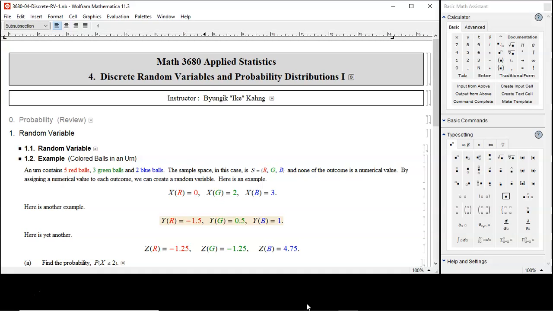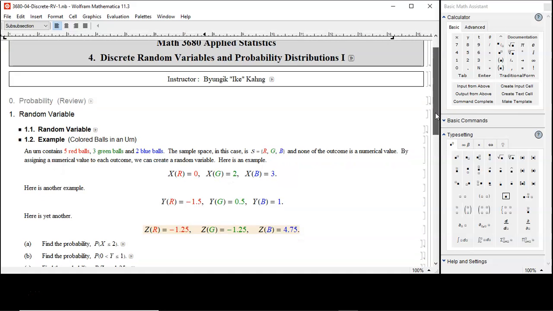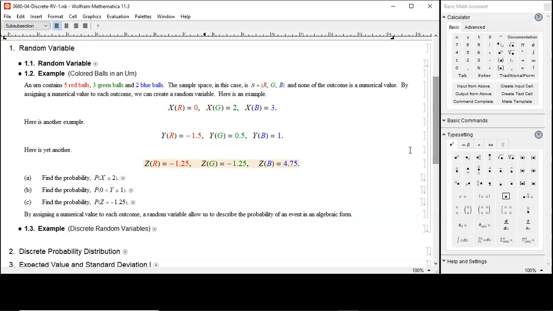And here's a third random variable Z. This time, either red or green, then you must pay $1.25, and if it is blue, then you win $4.75. There can be many other games, but as for examples, those are sufficient, and let's do some mathematics with these.